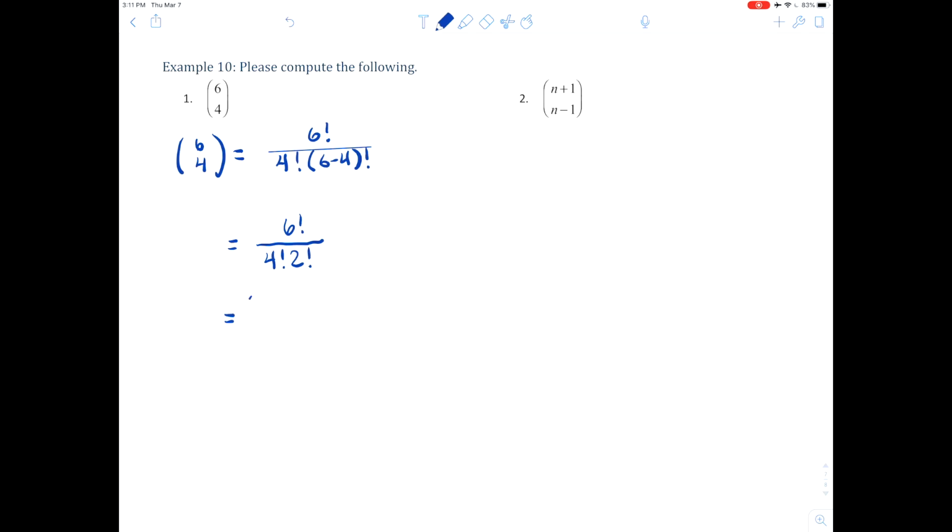Well, we'll use that trick from last time. 6 factorial, 6 times 5 times 4 factorial divided by 4 factorial times 2 times 1. And so this 6 factorial is equivalent to this expression here, and thus I can divide out the 4 factorial, and at the end of the day I'll get 30 over 2, which is 15.